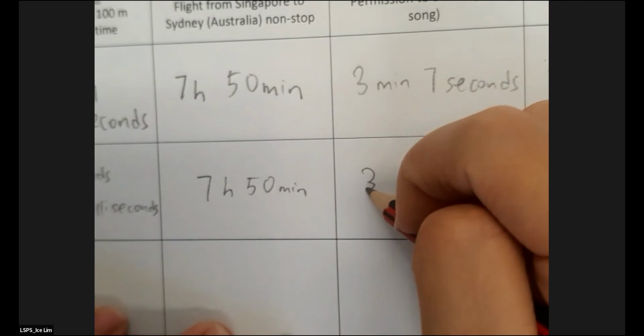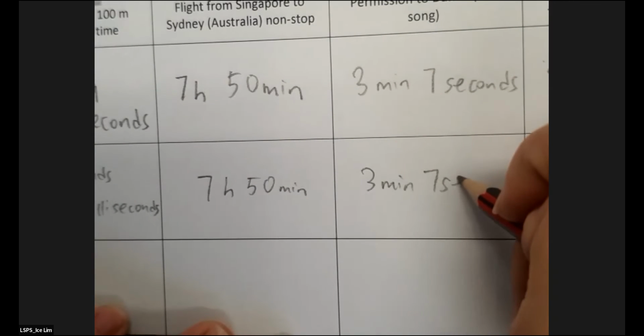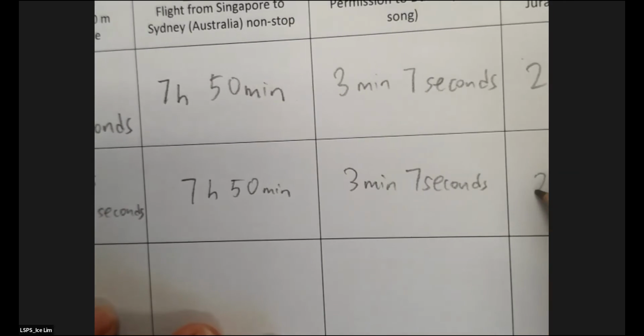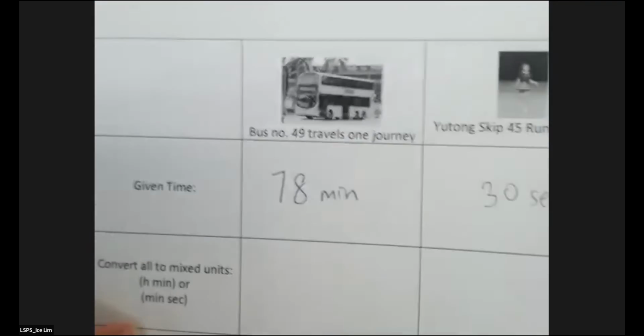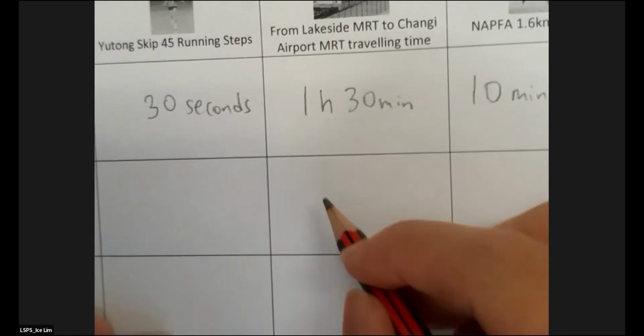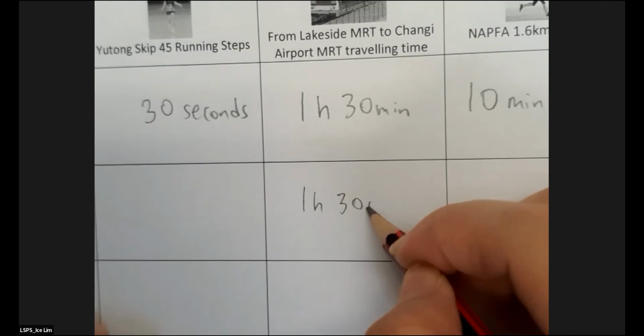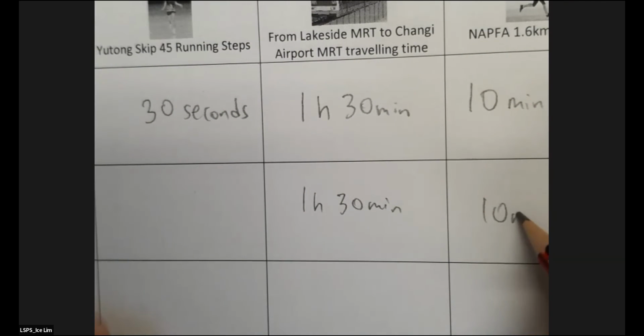And this one's already in mixed units. I say compound units. This one also, right? These are already in mixed units. And then this one is also already in mixed units. This one is also mixed units.